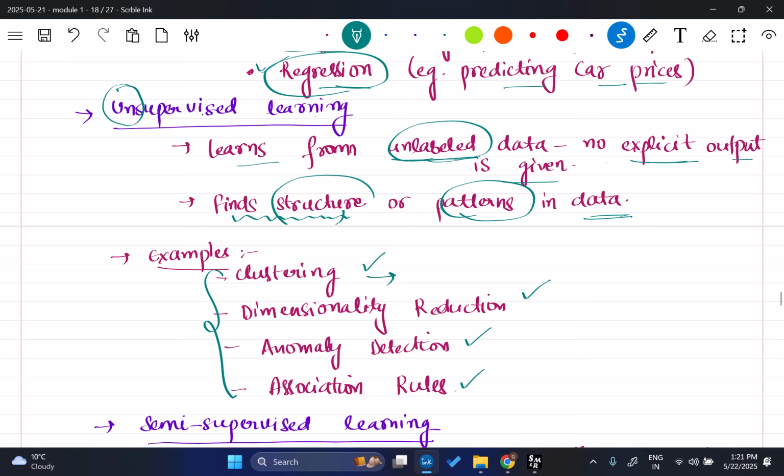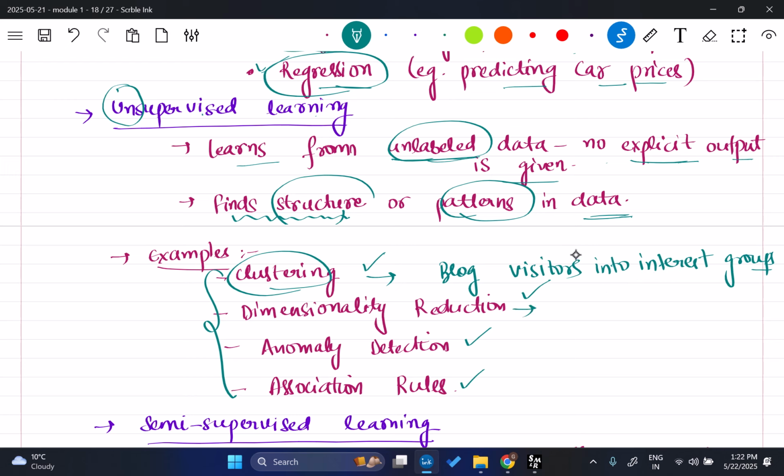Like clustering is where you can group people into some groups based on their similarity. Like if we are going to divide the visitors of a blog into their interest groups, that problem domain is known as clustering. We are dividing the people into different groups based on their interest.